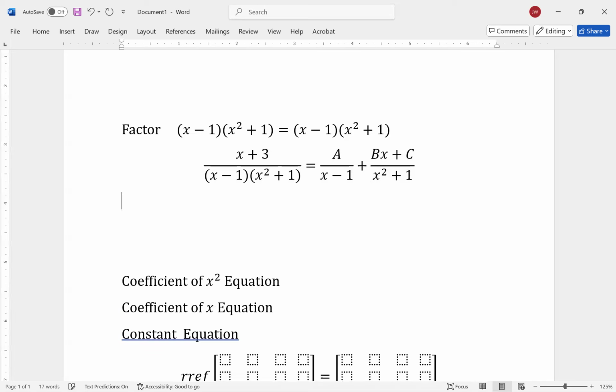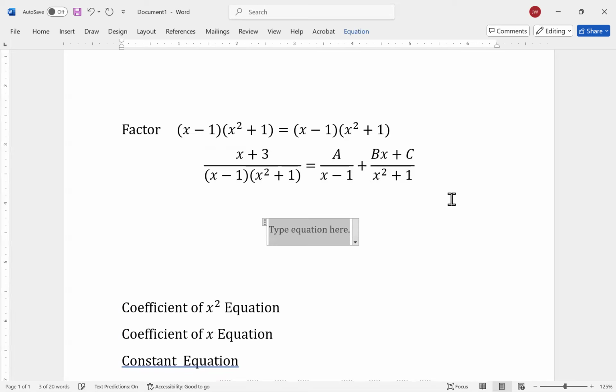So in order to get a common denominator, for this first fraction I'd have to multiply top and bottom by x squared plus 1. So I'd take the A and multiply that by x squared plus 1, and the denominator I'd multiply by x squared plus 1 too.